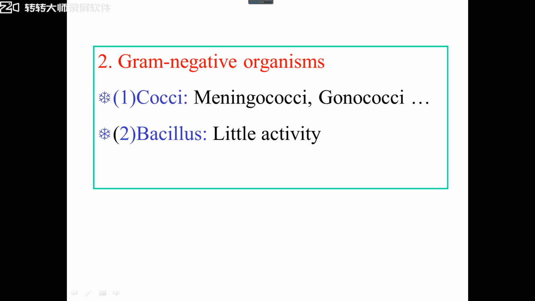The reason is that for gram-negative bacilli it has little activity, so it can only kill limited bacteria. Besides gram-positive cocci and bacilli, penicillin also can kill spirochetes. So penicillin G can be used to treat spirochete infections.